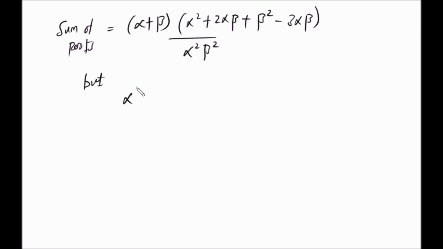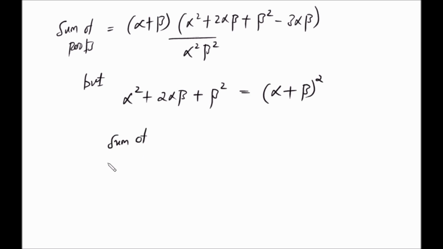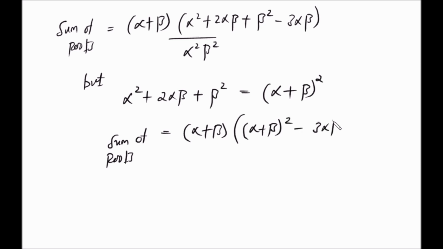But this alpha squared plus 2 alpha beta plus beta squared, if I factorize, is alpha plus beta squared. So now the sum of roots will be alpha plus beta, all of these times alpha plus beta all squared minus 3 alpha beta, over alpha beta squared.